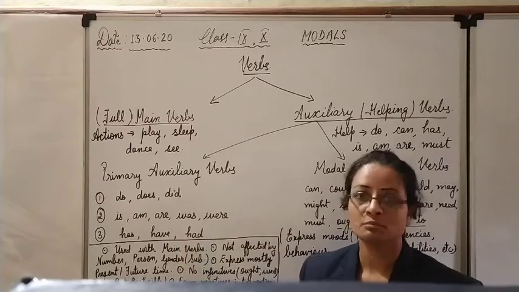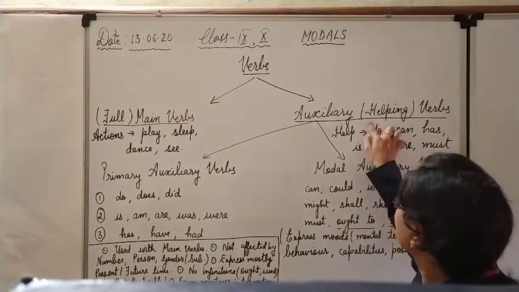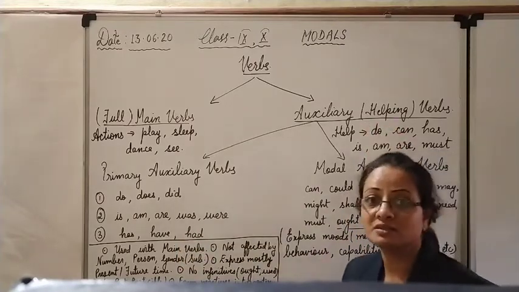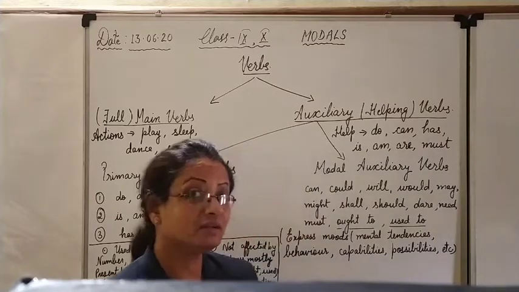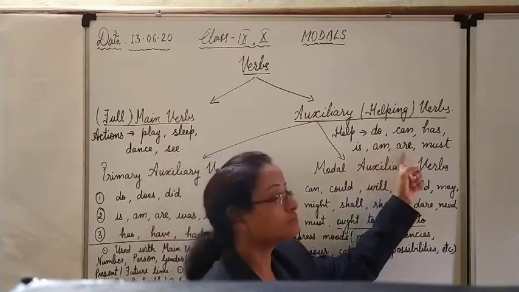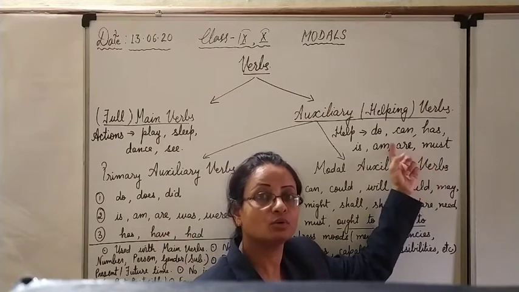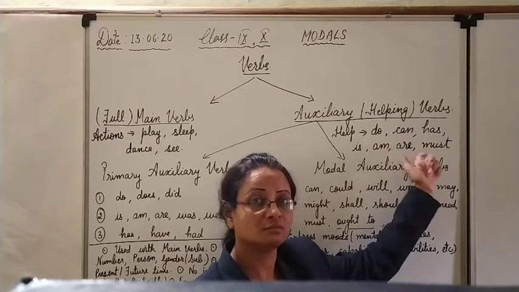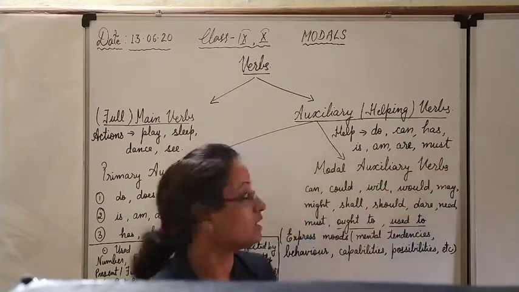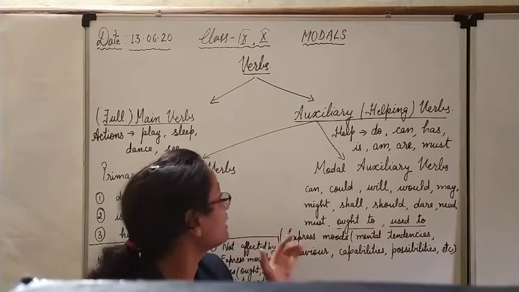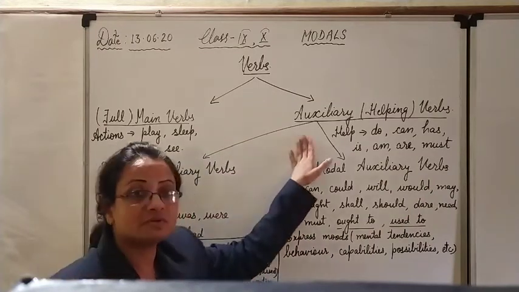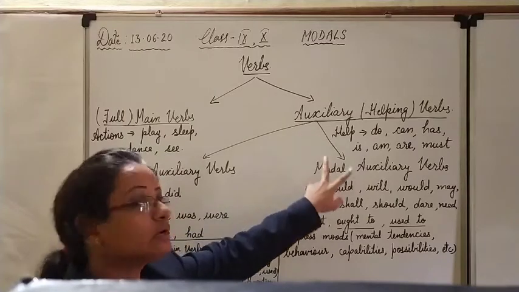These are all main verbs, action words. And auxiliary or helping verbs are like do, does, did, is, am, are, must, might, can, shall, may, could, this way.